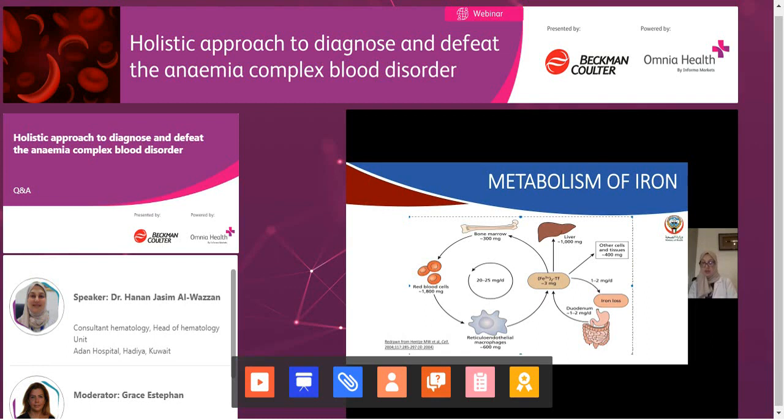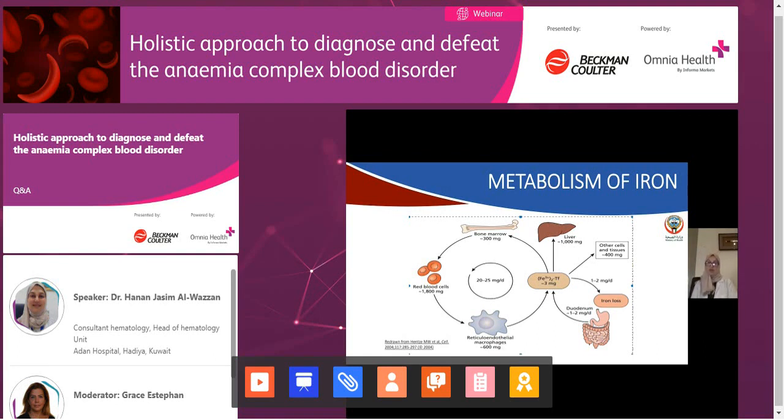The homeostasis system responds to signals from the pathway that consumes iron, which is the bone marrow erythropoiesis, and signals to the cells that supply iron to the blood. It increases absorption of iron through the duodenal enterocytes, which absorb 1 to 2 milligrams per day of dietary iron, and from macrophages, which internally recycle 20 to 25 milligrams of iron per day from senescent erythrocytes.